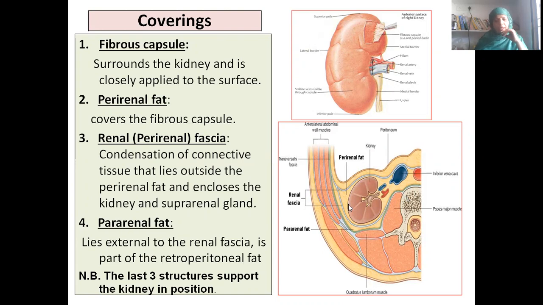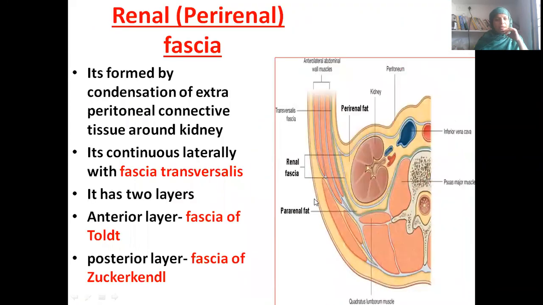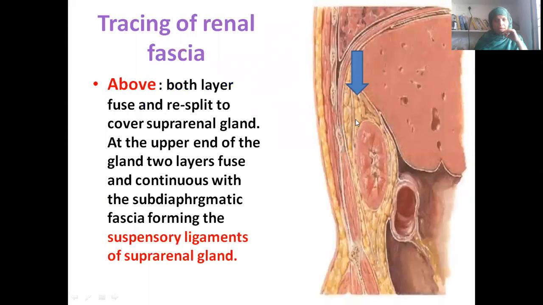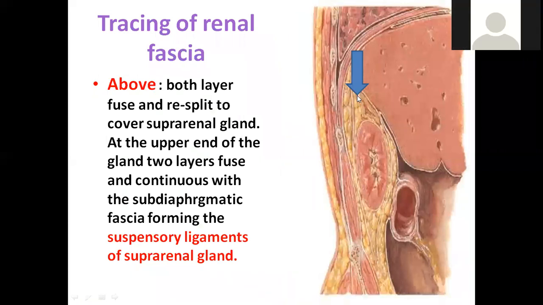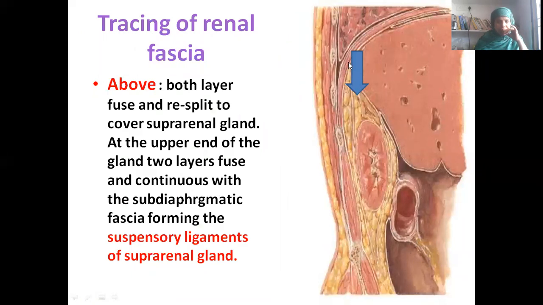Now superiorly, the renal fascia is fusing at the upper pole and splitting above to enclose this structure. Suprarenal gland. Excellent. Then it becomes continuous and gets attached to the inferior aspect of the diaphragm as the suspensory ligament.